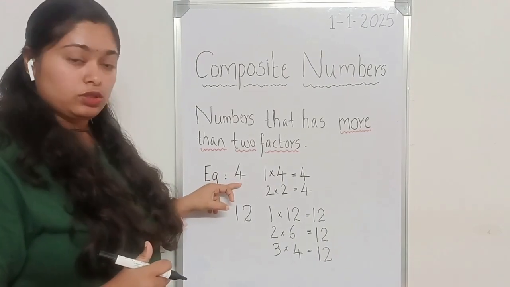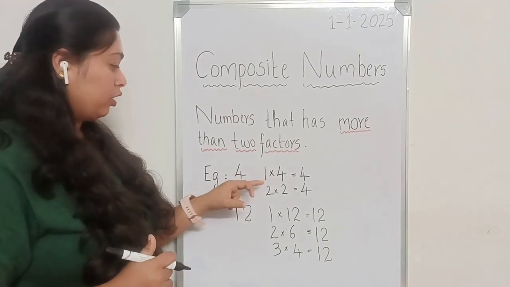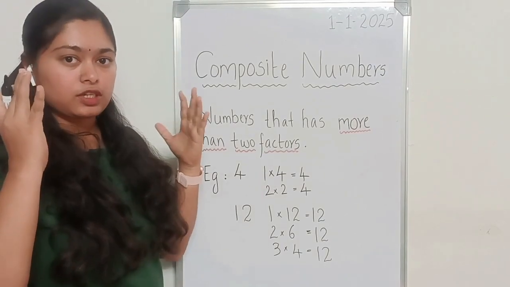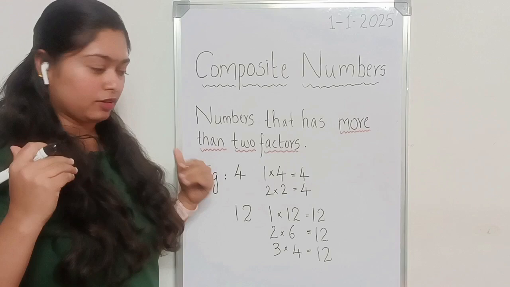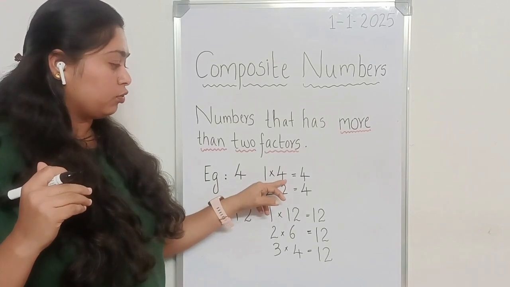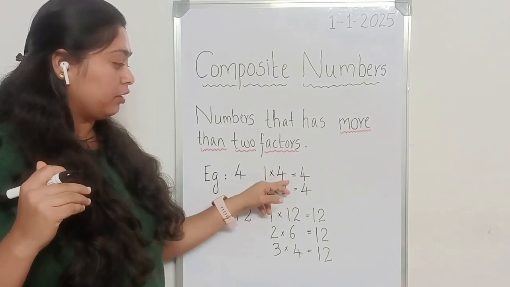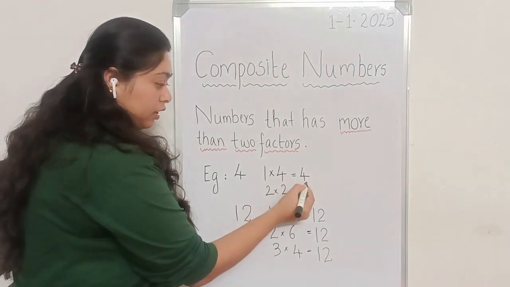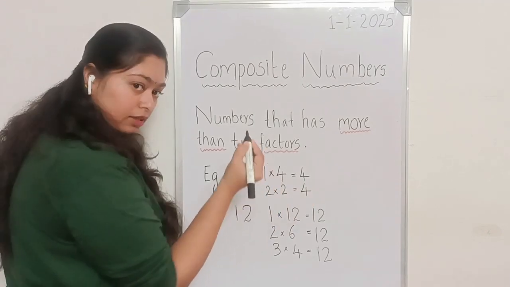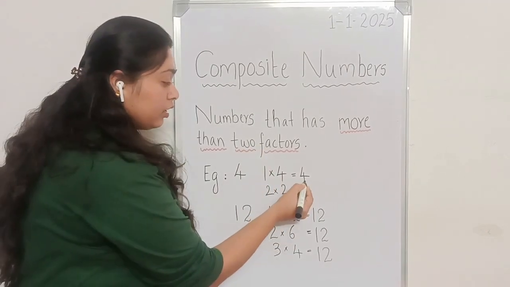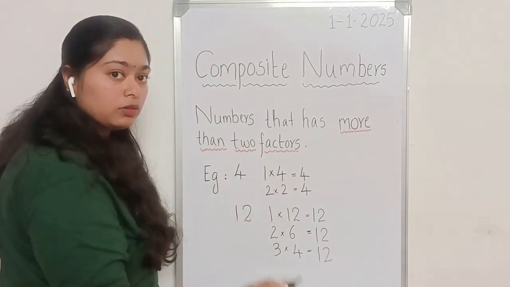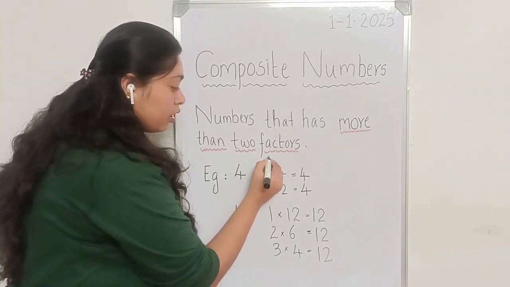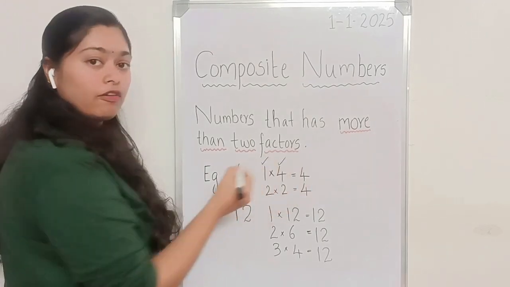I have chosen the number 4. Now, if you see, or just refresh the multiplication table in your mind, 1 multiplied by 4 is equal to 4, which means I can divide 4 with 1 without a remainder. I can divide 4 with a 4 without a remainder. These two are factors of 4.